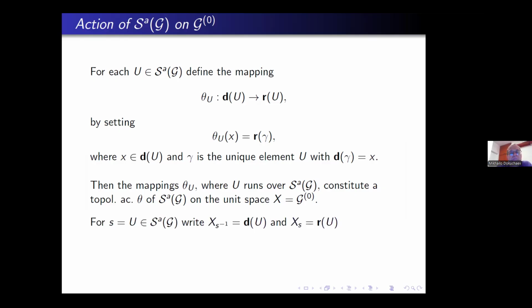These are known facts, and let us write the domain of U as X indexed by S inverse, and the range of U as X indexed by S. This fits the usual notation of an action of an inverse semigroup on a set or a topological space. So small s is just a compact open bisection now. Now we assume that X is compact.